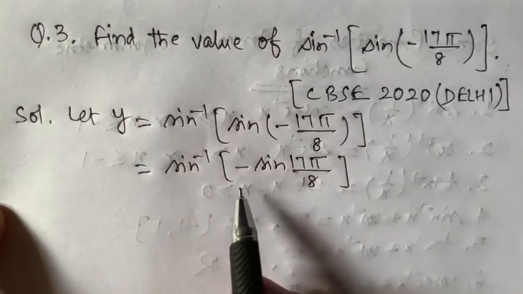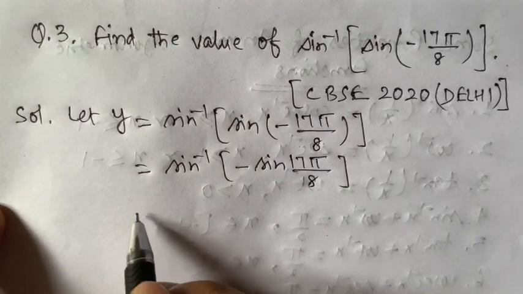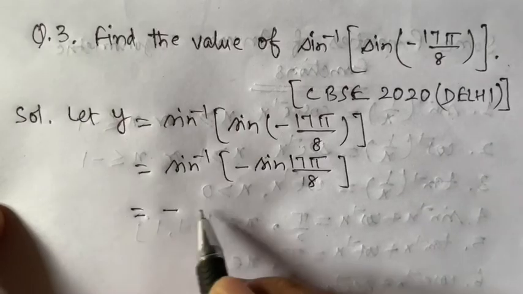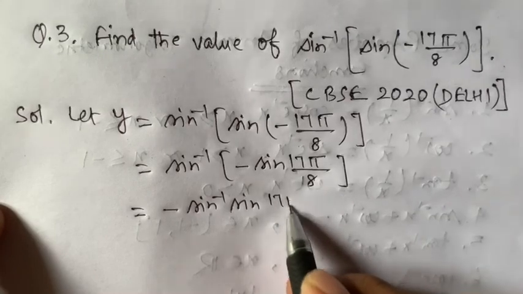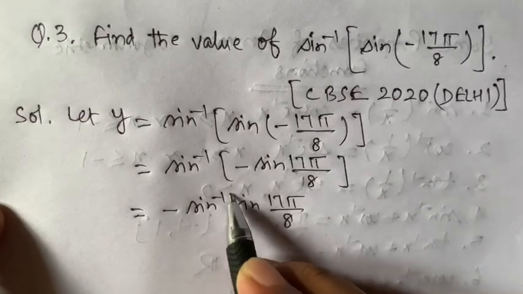Now again sine inverse of minus x is minus of sine inverse of x, so it will be minus of sine inverse of sine 17 pi by 8.